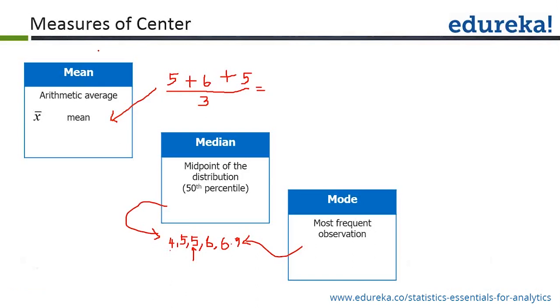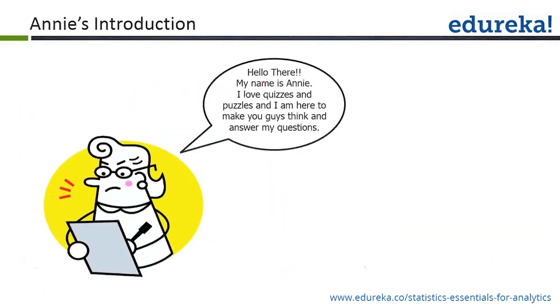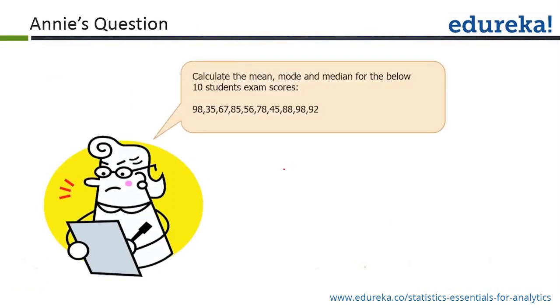Now let us try to emphasize these concepts using a small quiz. If you are used to Edureka, then you will know about Annie. She will be asking some quiz questions once in a while. So let's take this quiz.